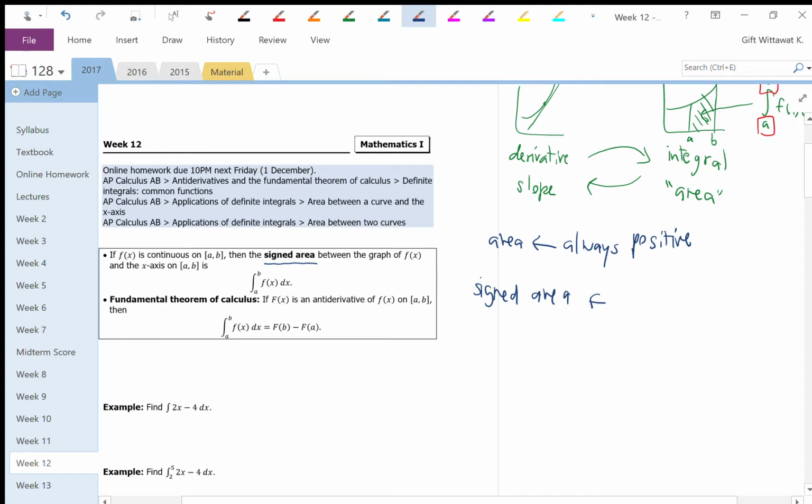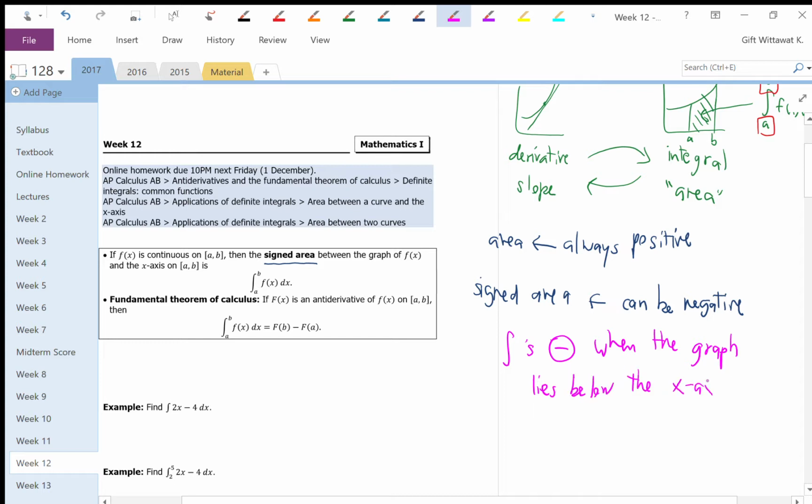The signed area can be negative. In particular, the integral is going to be negative when the graph lies below the x-axis. We're going to see that in a moment.